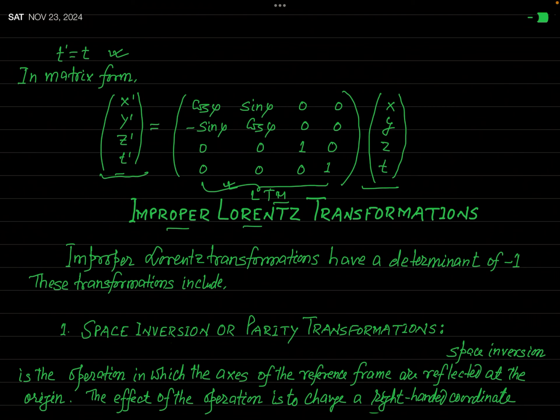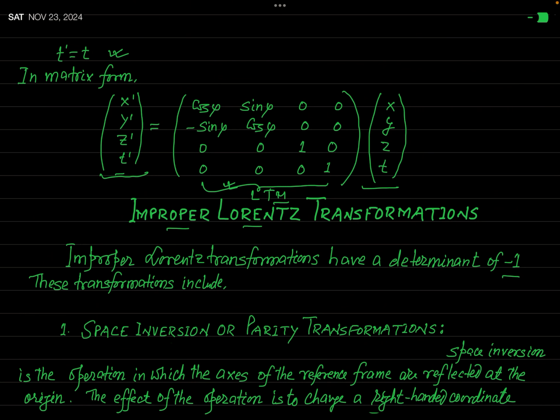You have seen that if the determinant of the Lorentz transformation is plus 1, then it is called a proper Lorentz transformation. Here you have to say, if the determinant of the Lorentz transformation is minus 1, then it is called an improper Lorentz transformation.